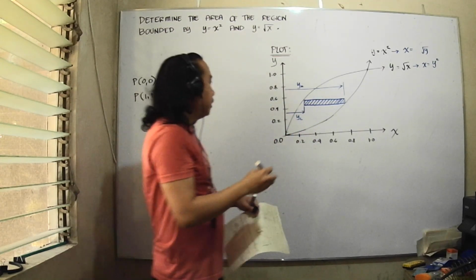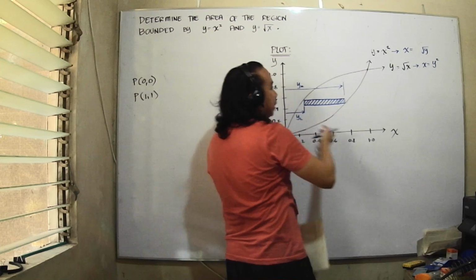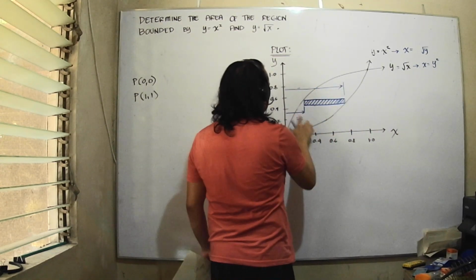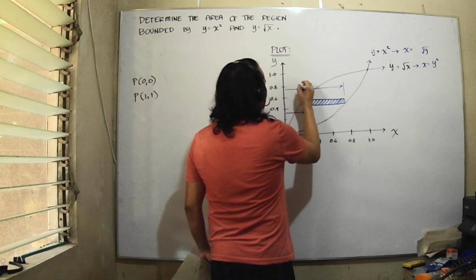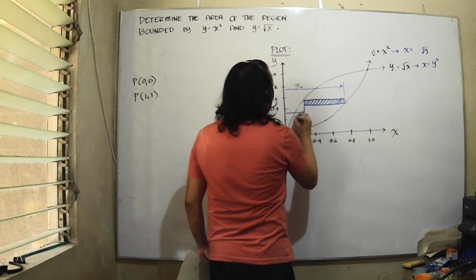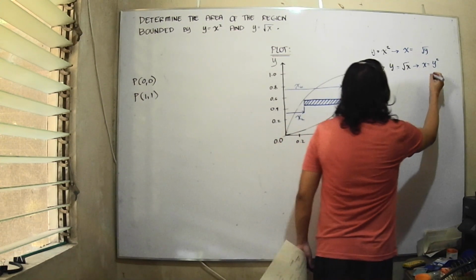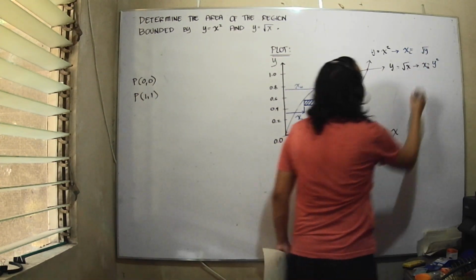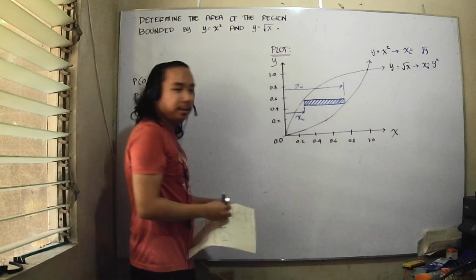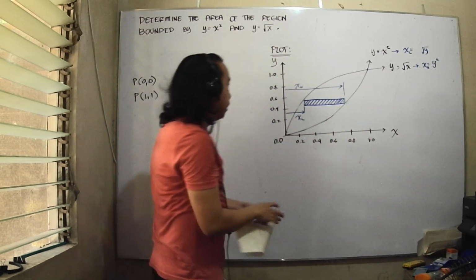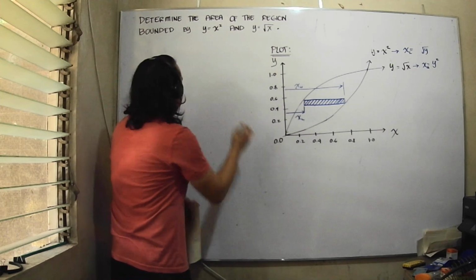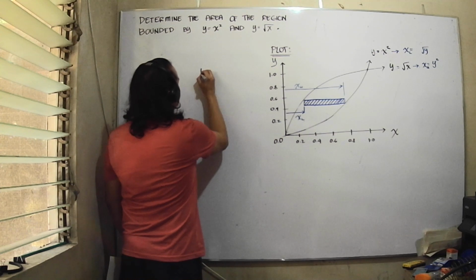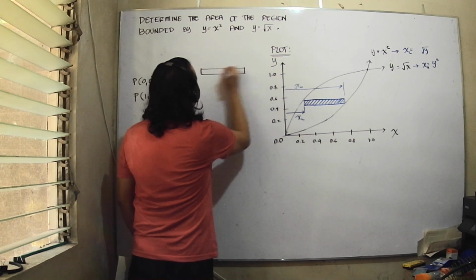Okay? So in other words, this curve is our y upper. X upper rather, okay? X upper is this, x lower is that. So we have the idea. Now I will extract this.